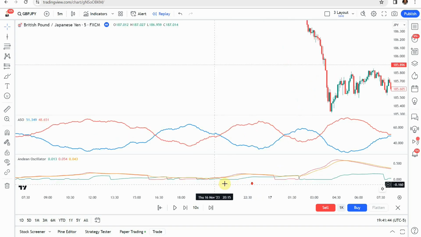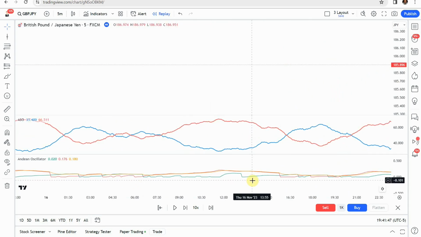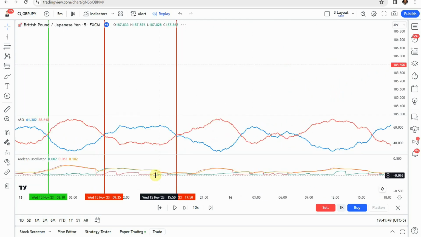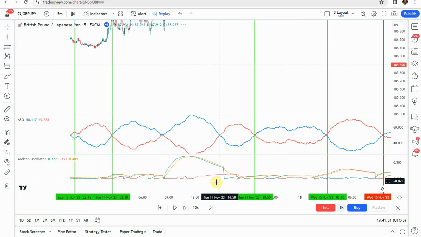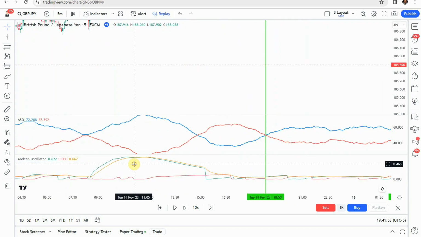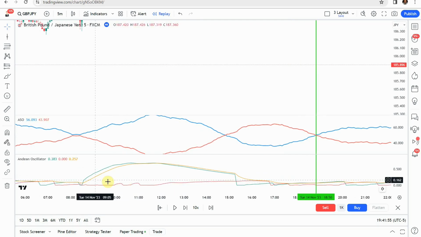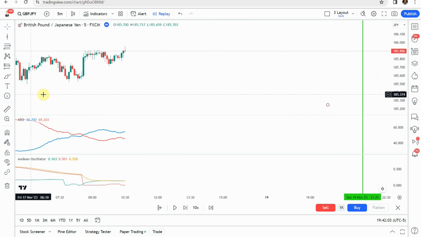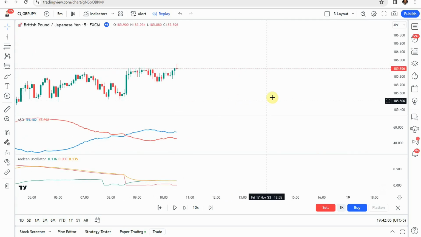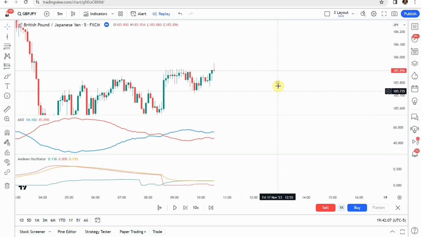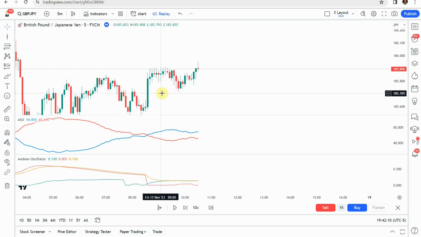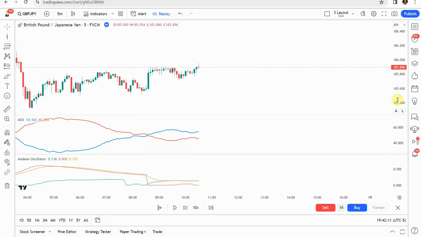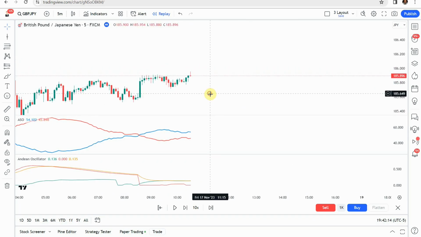And when the green line is above, see if we can scroll back here a little bit. Those are some of the tests right there. So when the green line is above both the orange and the red line, that means we are in an uptrend. What we are going to do is use the average sentiment to give us our initial direction of the trade.